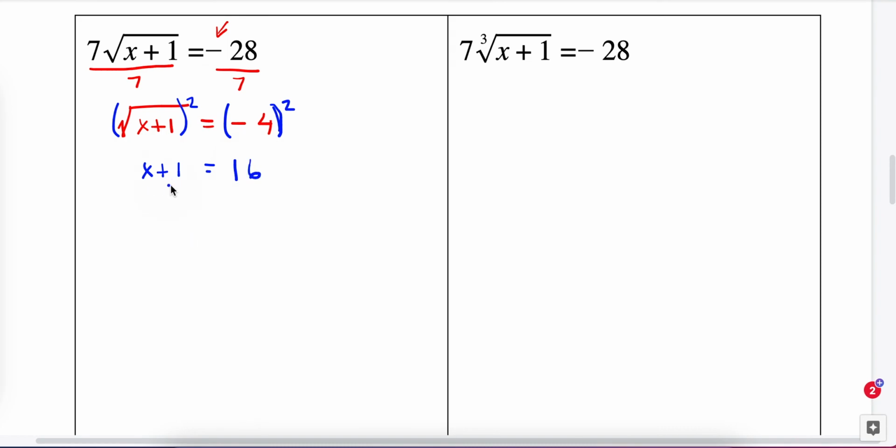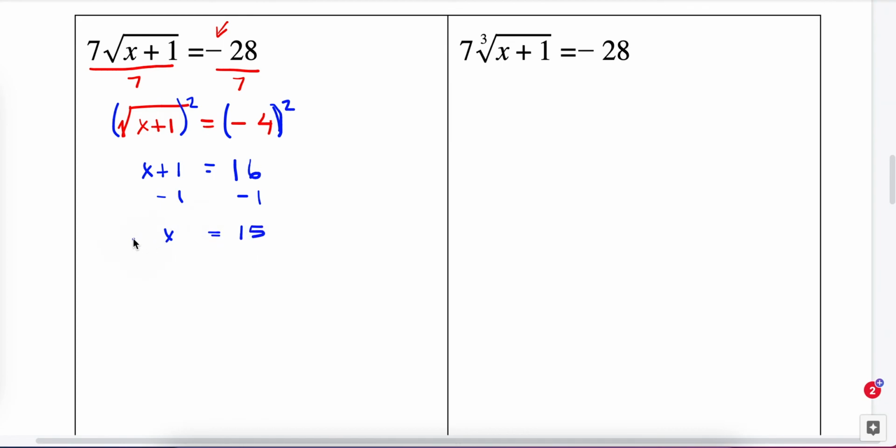And of course, in this case, we're going to subtract 1 from both sides. We get x equals 15. So let's check this.